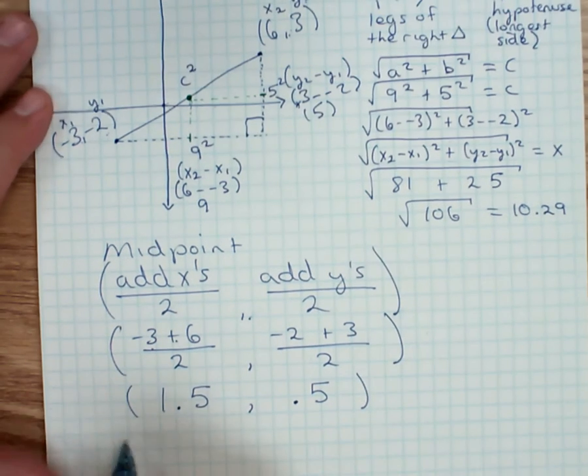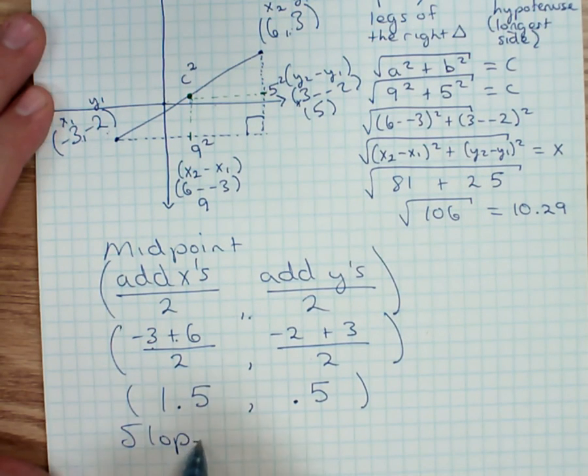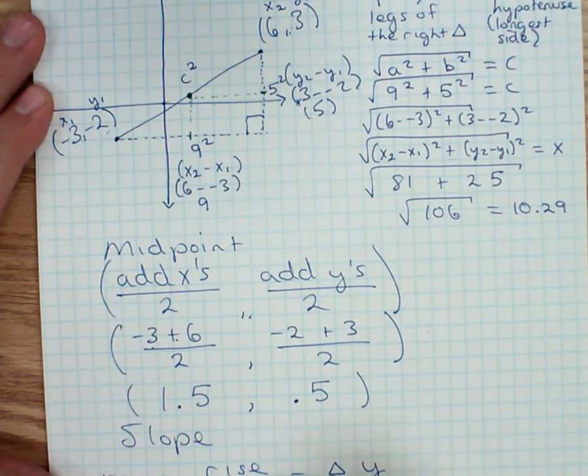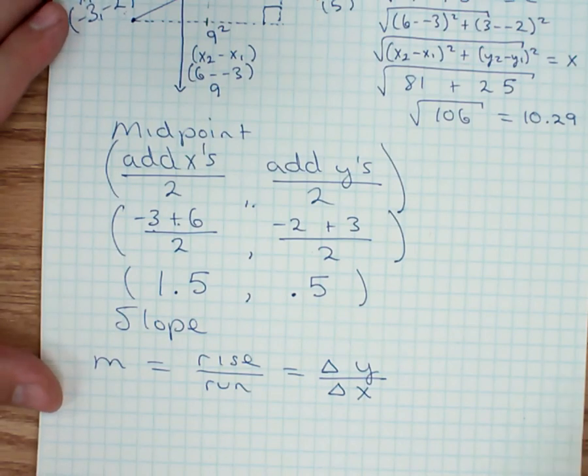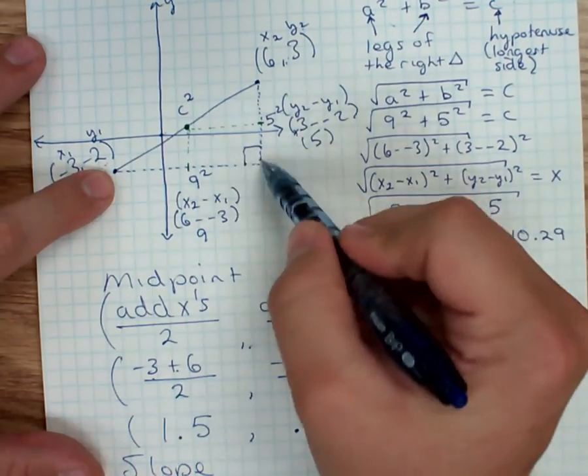Okay, and one last reminder on slope. Always remember that slope is rise over run, which is the change in y's divided by the change in x's. So right here, I had to go up 5 and over 9, right?